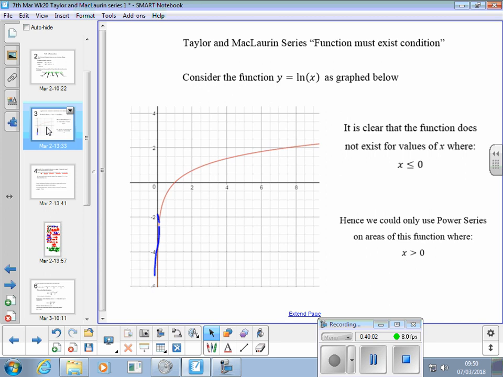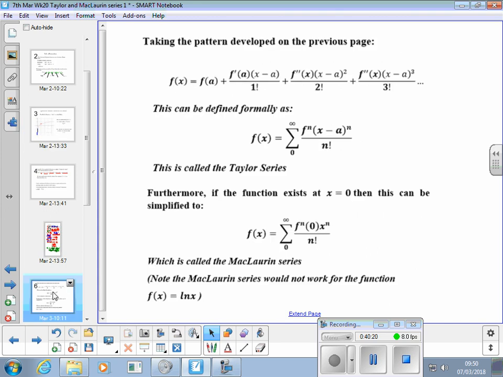For instance, we might decide to focus where a is equal to 2. The Maclaurin series can't be used on that. We would have to use the Taylor series and choose a value for a higher than 0.